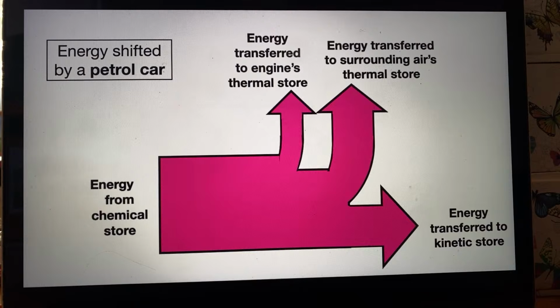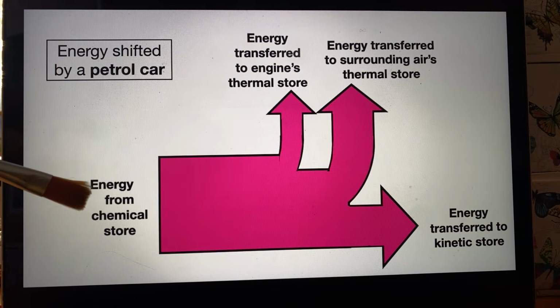So here is a Sankey diagram showing the energy shifted by a petrol car. Energy starts out in, we would say, the car's chemical store. So the petrol or diesel, plus the oxygen around the car, is a chemical energy store.